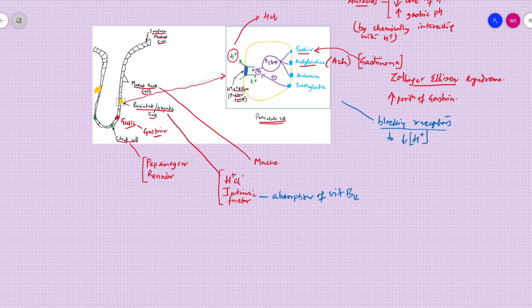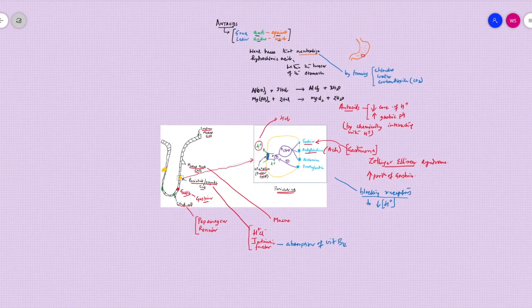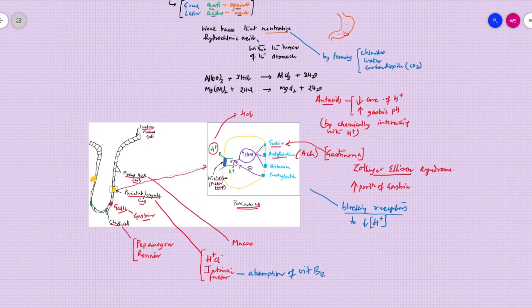But how did we define antacids? We said antacids are weak bases that neutralize the hydrochloric acid by a chemical reaction. So there is no receptor involved. Antacids, by definition, act chemically.